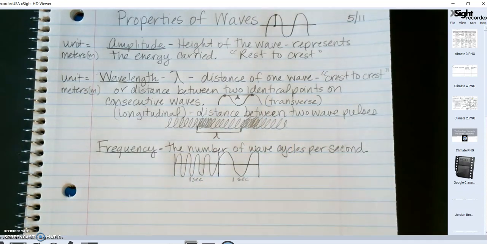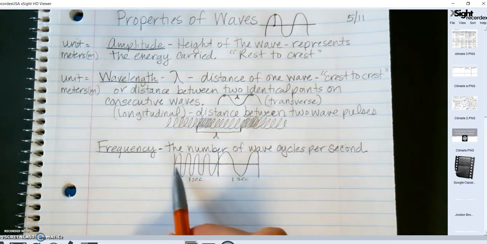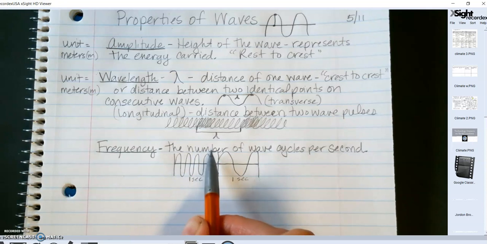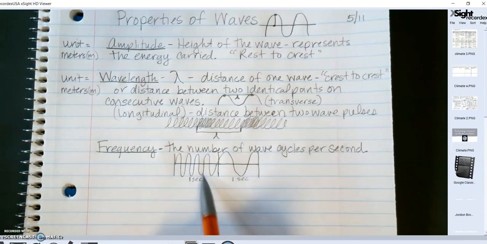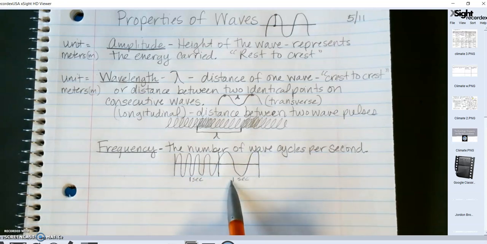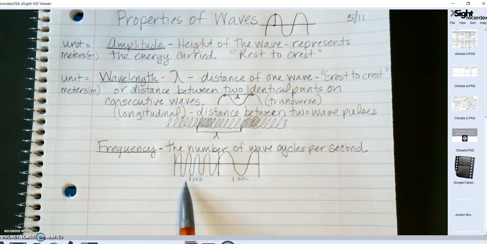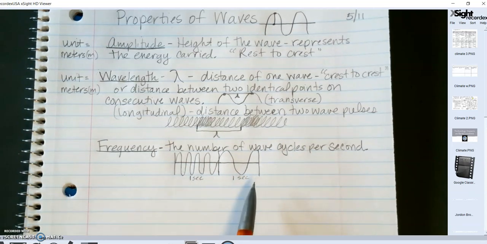In this case, which is going to have a higher frequency? The higher frequency would be a higher number of wave cycles per 1 second. This one has several, this one has much less in terms of how many per second. So we would say the first box has a higher frequency, while the second box has a lower frequency.